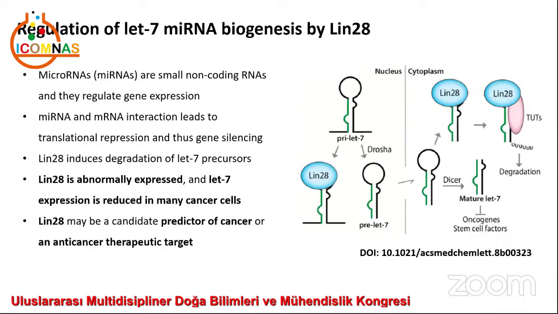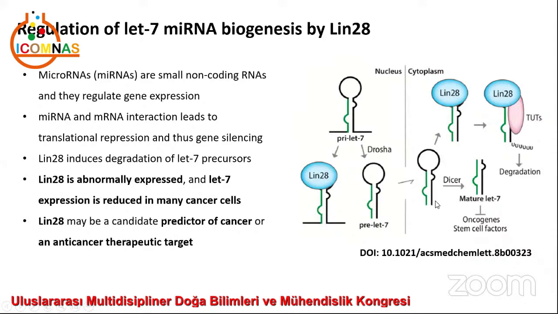And when we looked at the biogenesis of microRNA let-7, we see that initially it is found in the nucleus, transcribed as primary let-7, and then it is cleaved by the DROSHA enzyme, and this precursor let-7 is transferred into the cytoplasm.